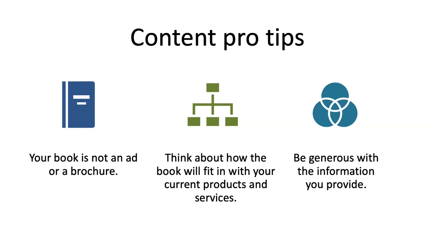That's really not what happens most of the time. So don't write your book in a way that gives people 4 steps of a 7-step system and they've got to come to you for the rest of it. All you do is annoy people. The obvious exception to that is don't put your super top secret IP in there or anything like that. Don't put your secret sauce in the book, obviously, but do be generous with the information you provide.